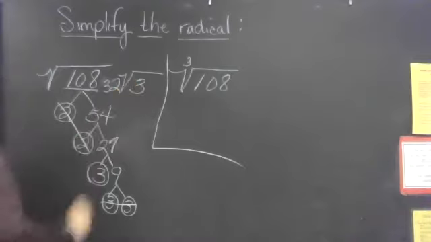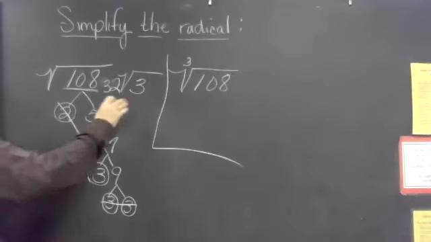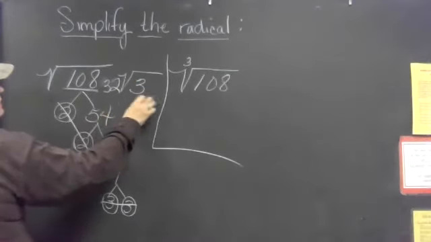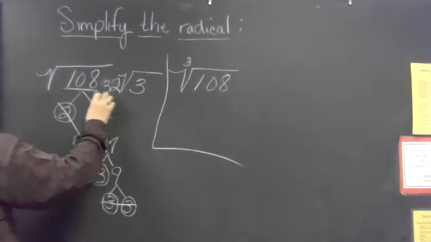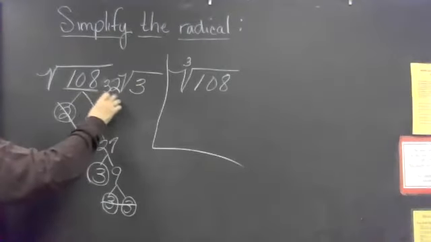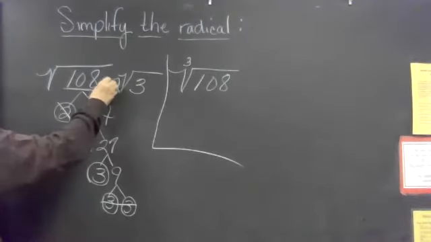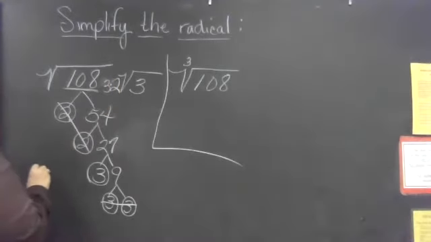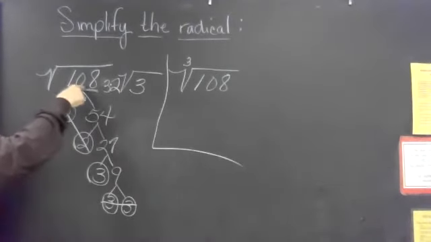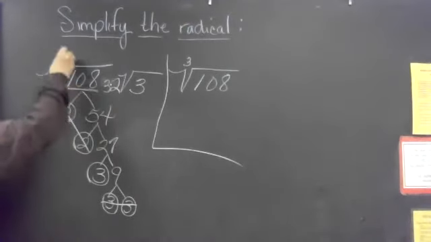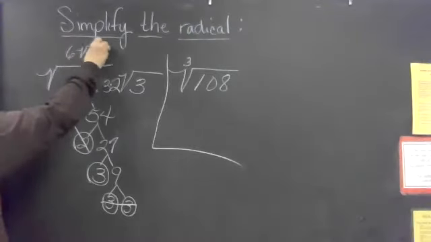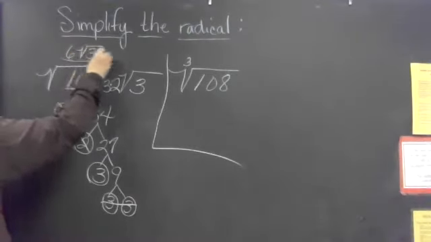He stays inside. If you have multiple numbers in here, you're going to multiply. If you have multiple numbers out here, you're going to multiply. It's not 32. It's 3 times 2. And so the simplified radical of this is 6 square roots of 3.